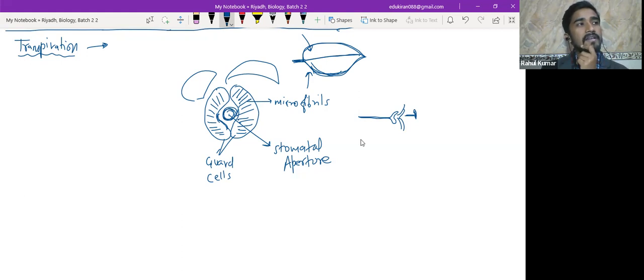If you compare it technically, it's like the opening of our nostrils through which air can go in and out, but also the opening of our sweat pores through which water comes out and evaporates. So that structure serves both the purposes. When it's opening up, certain exchange of gases also takes place, because CO2 is already present in leaves in large amount.